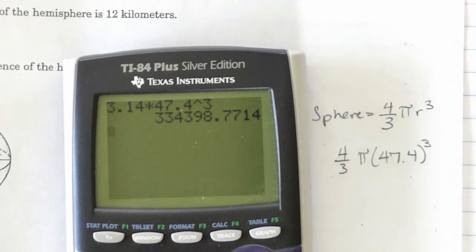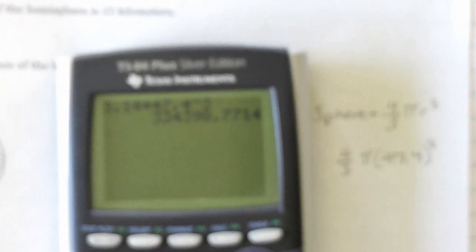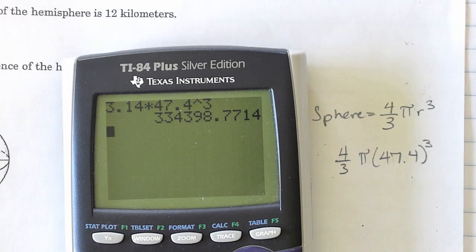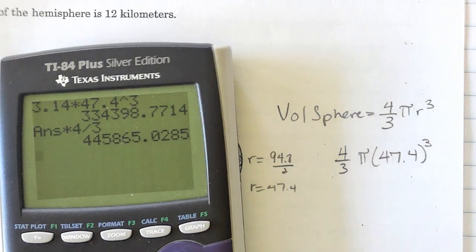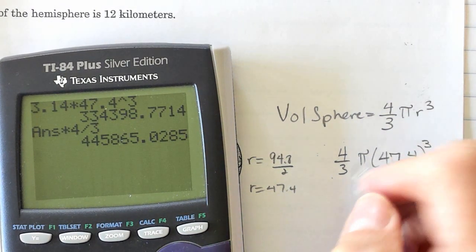Let me zoom in and see if I can make this better for you guys. Hey, there we go. But we still need to address the 4/3. So we're going to go times 4 divided by 3. And that, holy cow, guys, that seems huge. But we were talking a radius of 47.4, so it's kind of big.